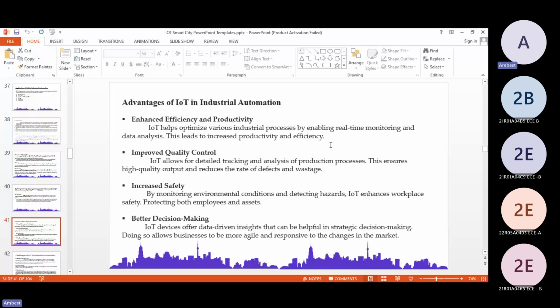So these four things play key roles in the advantages of industrial automation. It is all about the monitoring and detailing of quality control and increased safety. And the one thing which is the most important in any success or profits was better decision making.